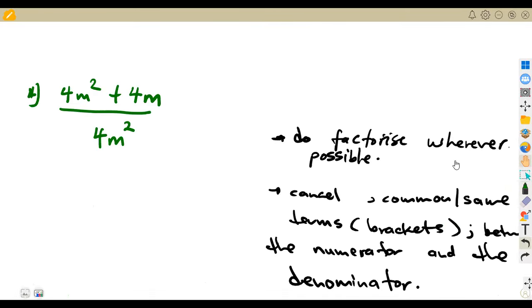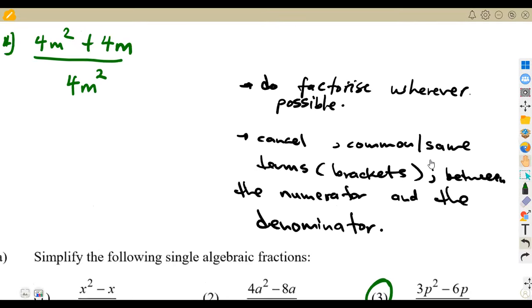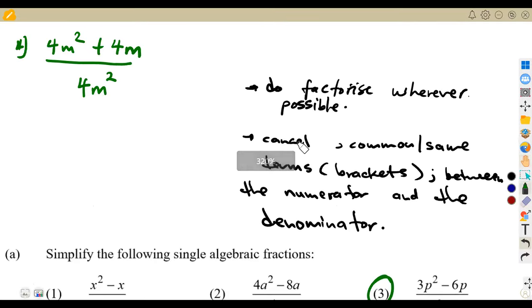It's one and the same thing. Again, in the numerator there's something common. 4 is common throughout, so you factor out 4. M squared and m is common, so you factor out the highest common factor, which is the one with the smallest exponent, m. So it's going to be 4m.